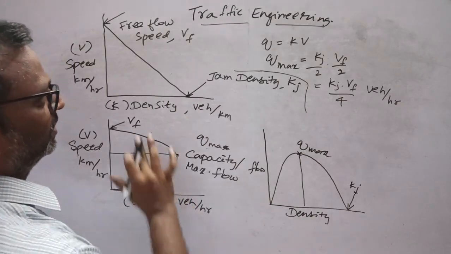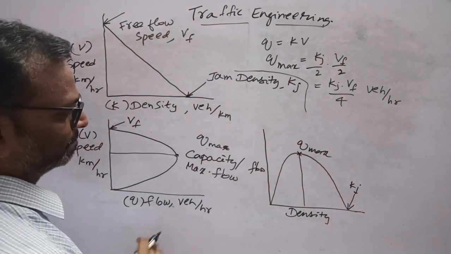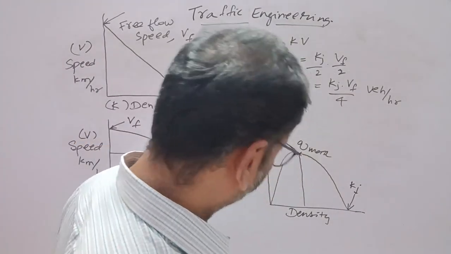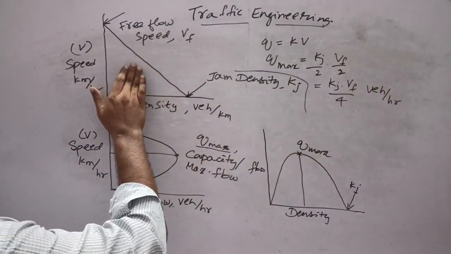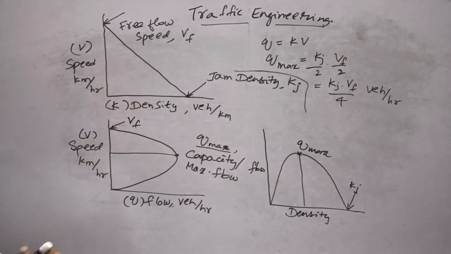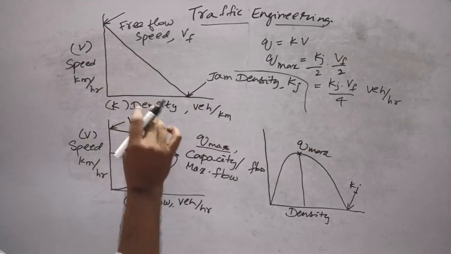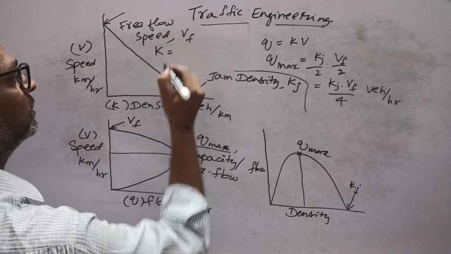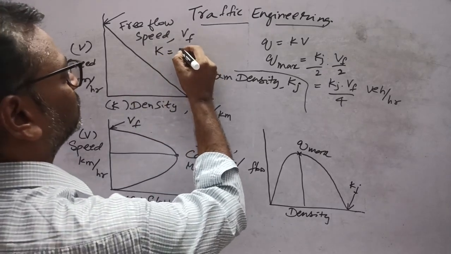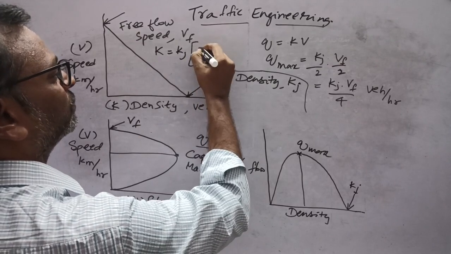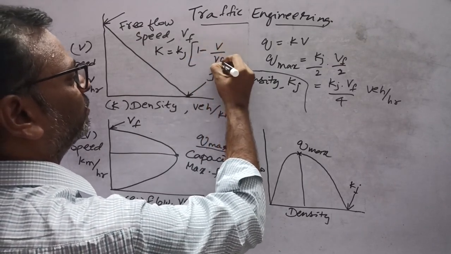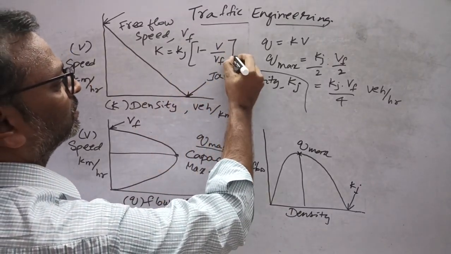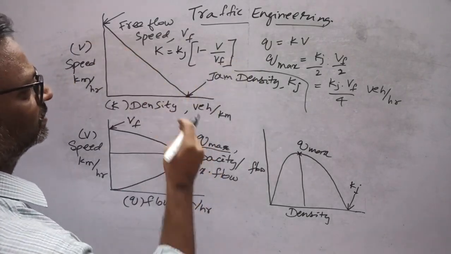Now is it clear the relation among these three? And from this equation you can write a simple equation. K is equal to, if you want K, that is Kj into 1 minus V by Vf from this linear curve, from this linear relationship.